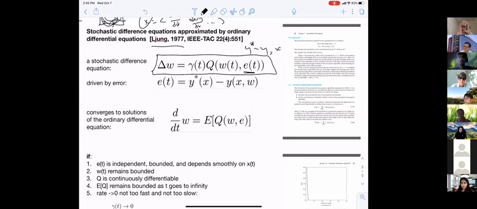So you have some function of your inputs, but this is multivariate because you need to know what X is. Q is basically whatever your learning algorithm is, so I'm just going to use Q as the general representation of a learning algorithm. All of these learning algorithms are going to have the thing you're trying to learn and the sample data that's coming in from the outside world. And there's going to be some fixed rate gamma that says we're going to do a little bit at a time.